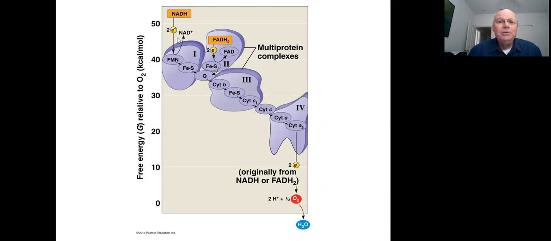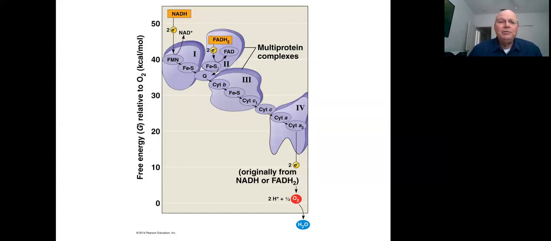And so as you move from a molecule that has high free energy and low electronegativity into sequentially more electronegative molecules and therefore sequentially less free energy, there's got to be a loss of energy.